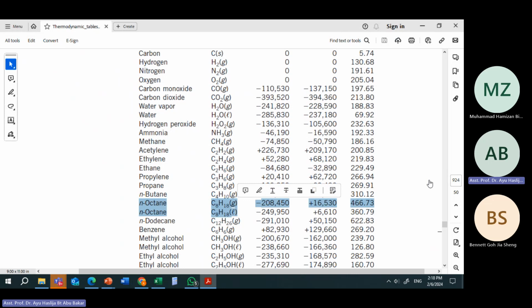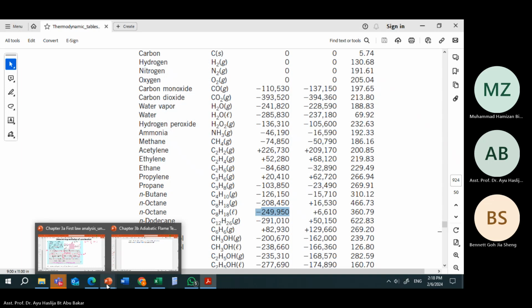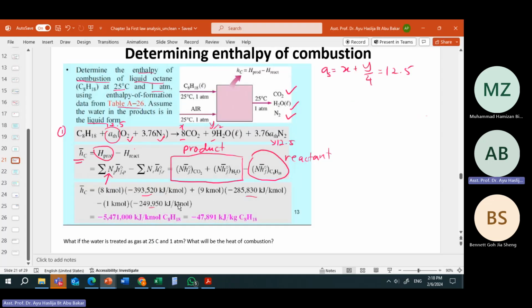So choose the liquid. Okay. So that's why the punya HF is negative 249. Okay, so back to here. That's why HF sini is negative 249.